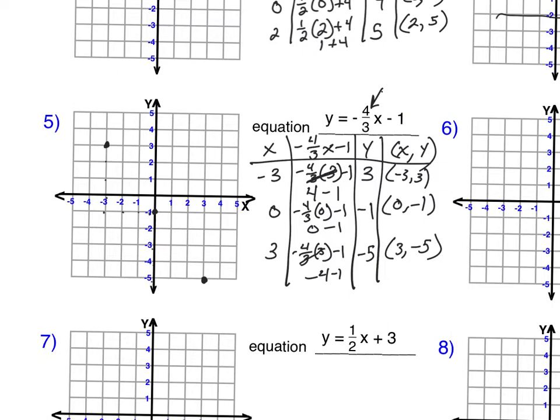Over and over again. From one point to the next, I'm going to drop 4 and go to the right 3. I'm going to undo that because I didn't even come close to hitting. It's hard to draw on paper. It's even harder on this iPad.